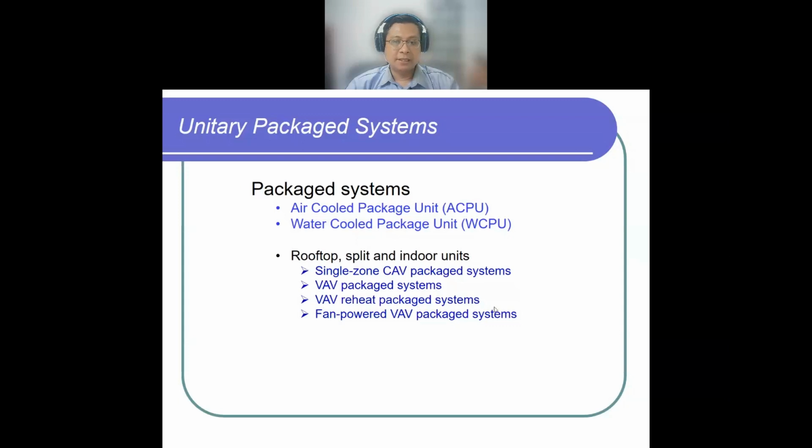In the winter season they have to reheat the temperature, so they attach a reheat coil and then distribute to the zone or room. Then there is the fan power VAV package system, where we attach a fan blower during air distribution in the duct system.